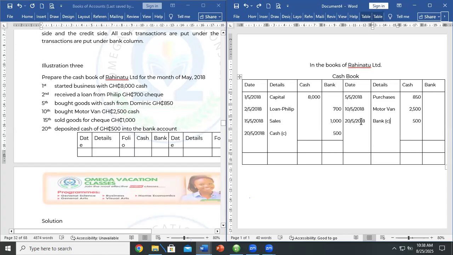Is there any further question? Okay, so we can put this down to define the contra entry. A contra entry is an entry that involves recording both debit and credit in the same ledger or account.